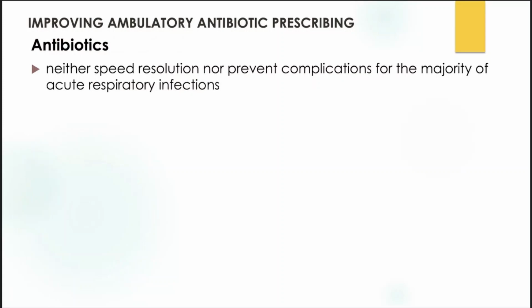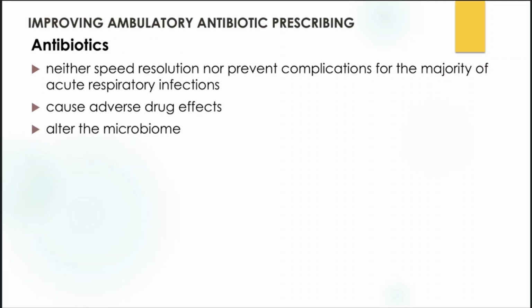Antibiotics would neither speed the resolution nor prevent complications for the majority of acute respiratory infections, and may even cause adverse drug effects and alter the microbiome of the human body.